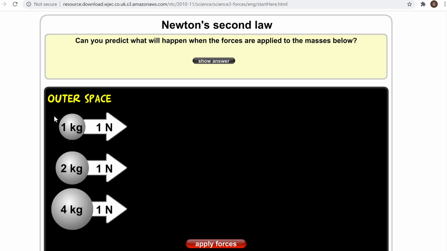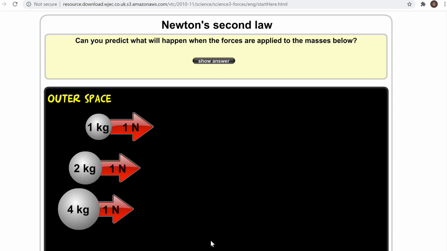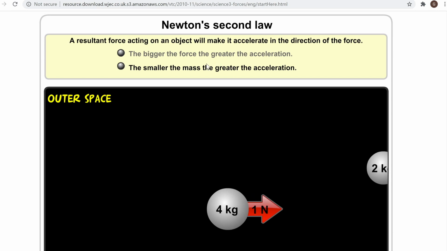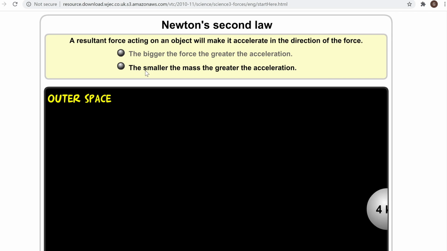So we'd expect this 1 kilogram mass here to have the highest acceleration. Let's see. Yeah. And an explanation. The smaller the mass, the greater the acceleration.